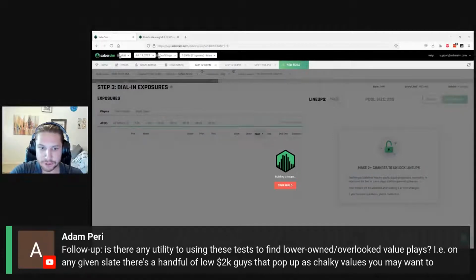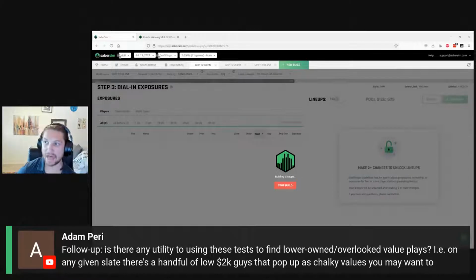Like Dodgers bats tonight against Gausman, right? Any of those guys can hit a home run any at bat. They have a lot of power, and I wouldn't be surprised to see some of those guys showing up in optimal lineups in these research builds because they have that power, even though Gausman is going to be very chalky and the Dodgers bats are probably not.